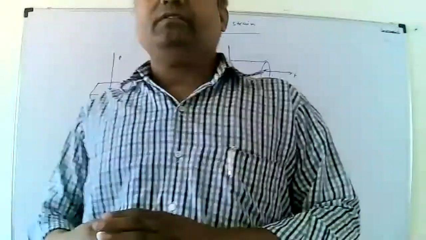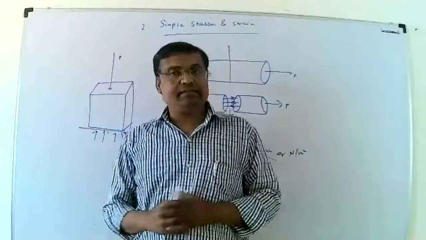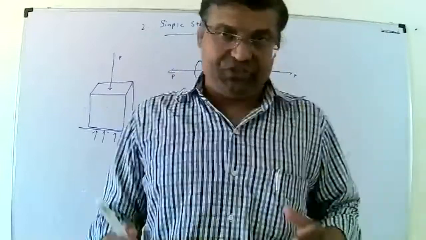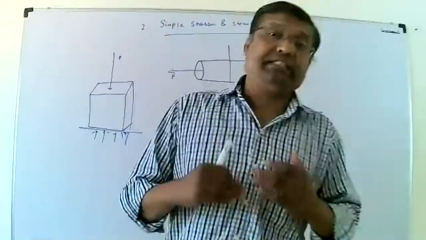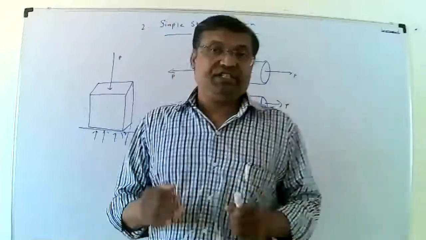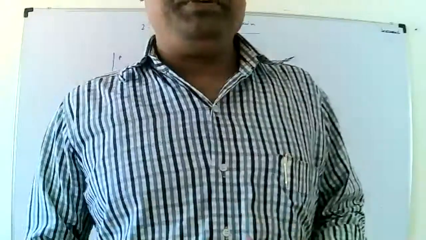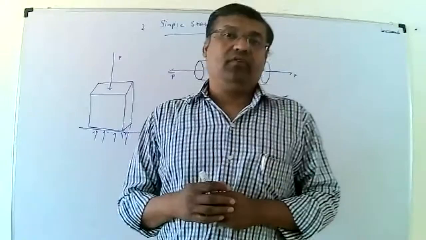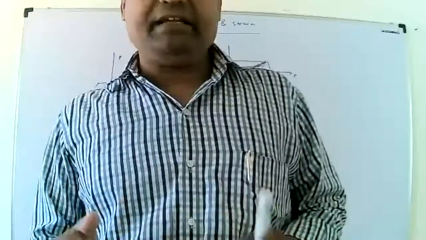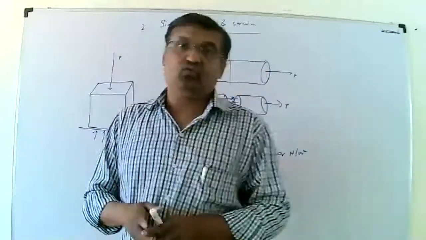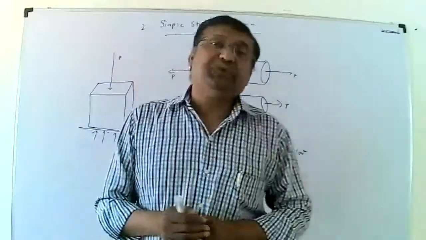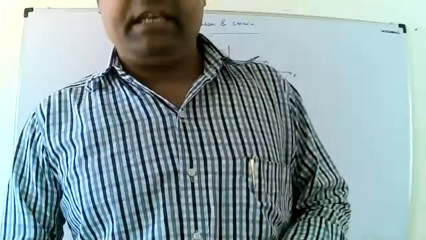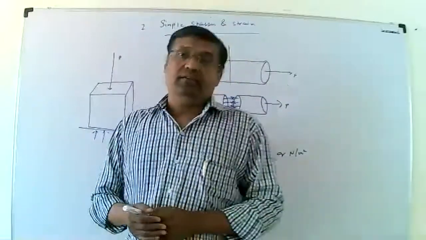The direct stress is defined as the load whose line of action coincides with the axis of the member, and the stress induced in it is said to be direct stress. Direct stress is induced through the centroid of the section.